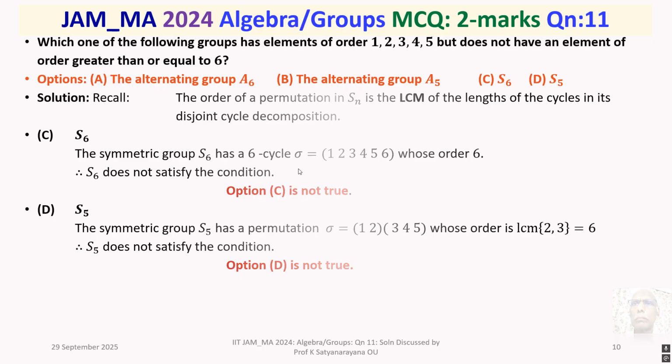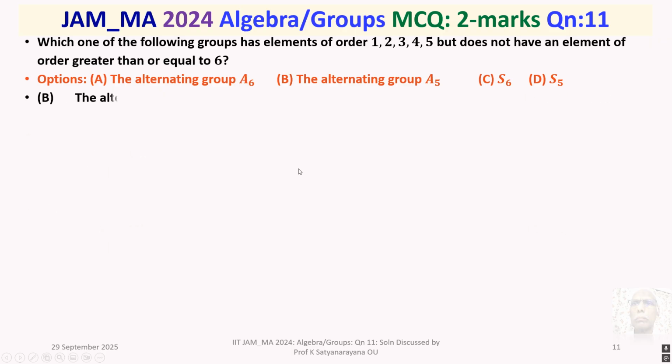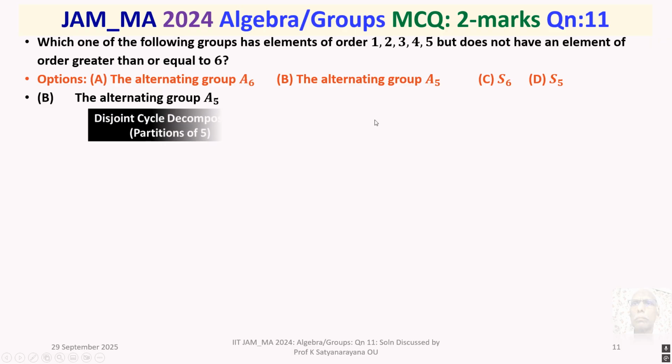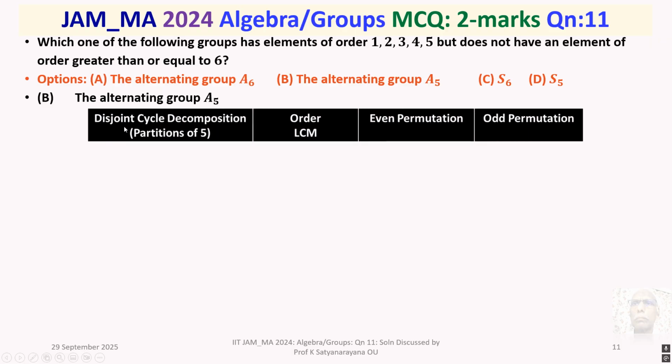We move to the next option. Option B, alternating group A5. Now for this, we make a table consisting of the disjoint cycle decompositions, that is the partitions of 5, the LCM, and whether it is an even permutation or an odd permutation.